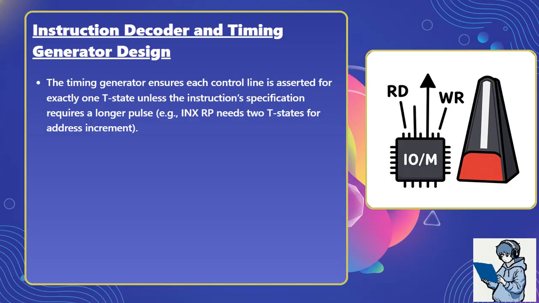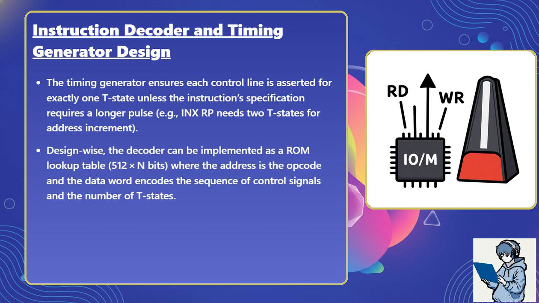The timing generator ensures each control line is asserted for exactly one T-state unless the instruction specification requires a longer pulse. For example, INX RP needs 2 T-states for address increment. Design-wise, the decoder can be implemented as a ROM lookup table, 512 by n bits, where the address is the opcode and the data word encodes the sequence of control signals and the number of T-states.